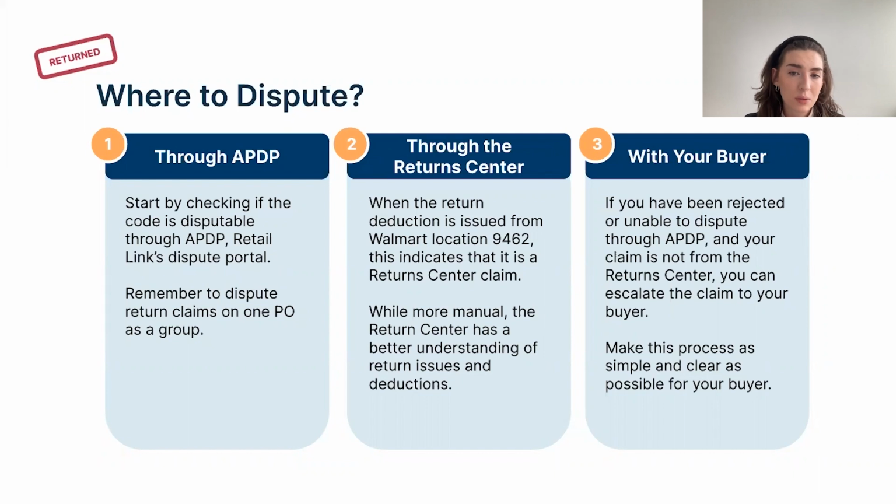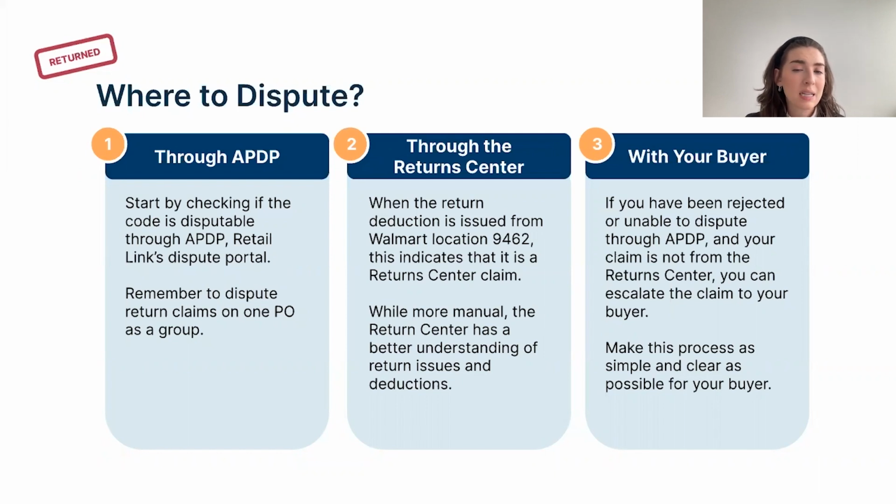If you see a code, though, that says it's from location 9462, it's a return center claim. And the return center process, we're going to outline in a second. It's a little bit more manual than using APDP, but what's nice about the return center is they have their specific process for why you would get a return center claim, like a code 120.